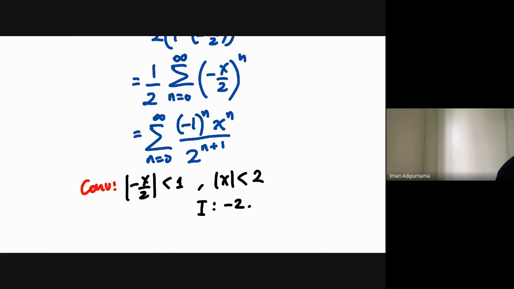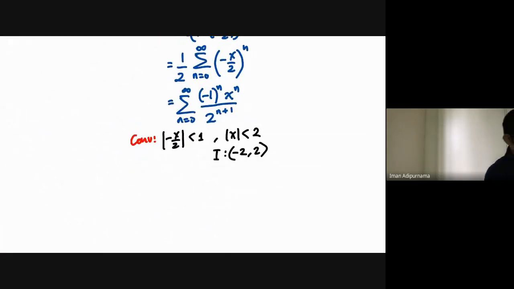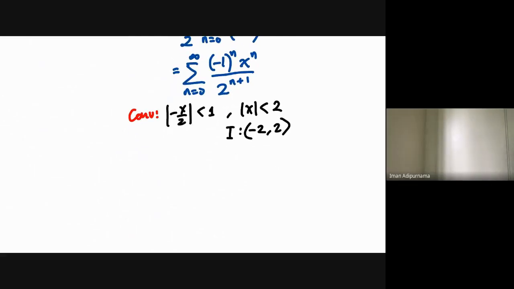So the interval of convergence is from -2 to 2. Okay.